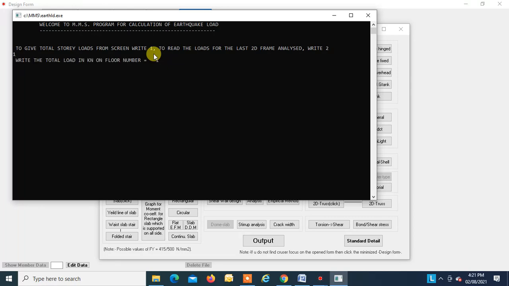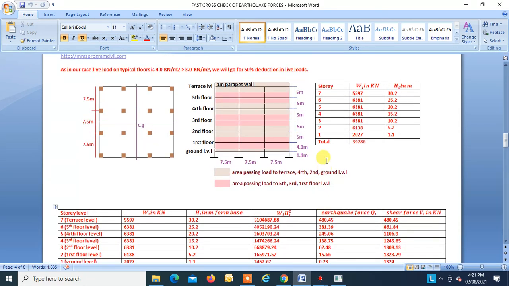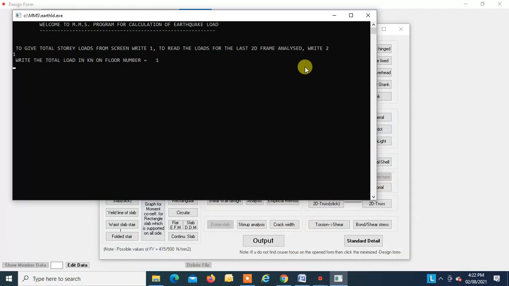Write the load in kilonewton for floor 1. What I'm going to do is give this input data: the seismic weight of ground level and its corresponding height, similarly the seismic weight of the first floor and its corresponding height, and so on, right? So the load is 2027, press enter.